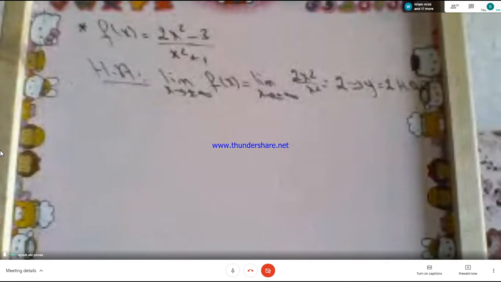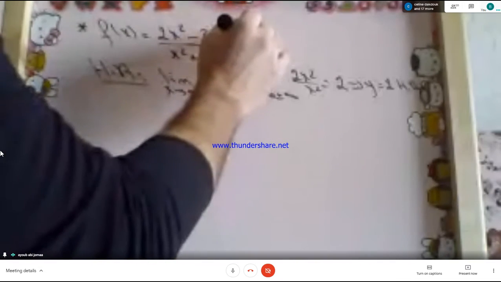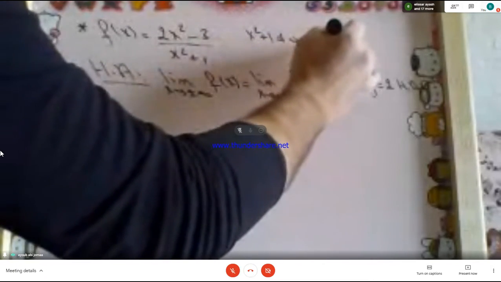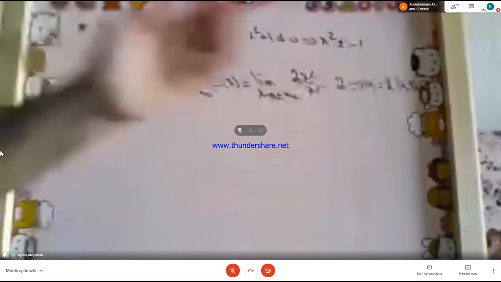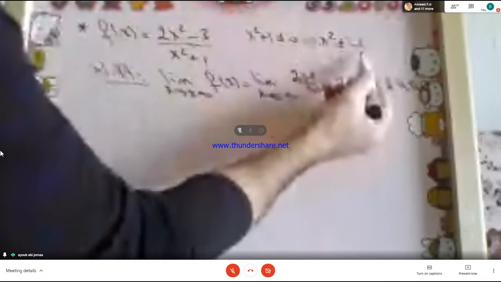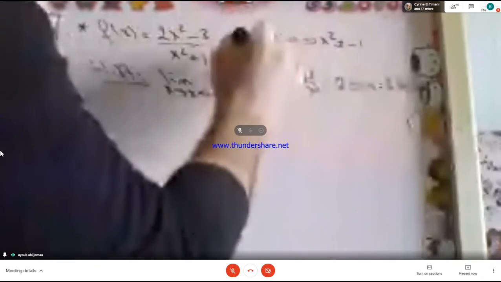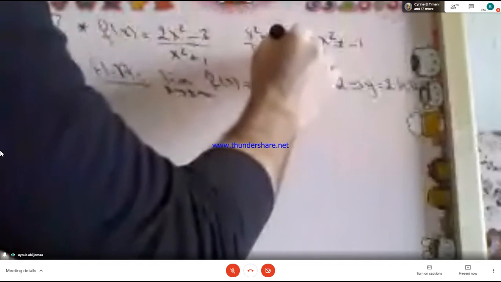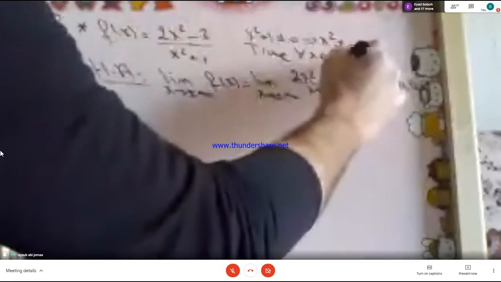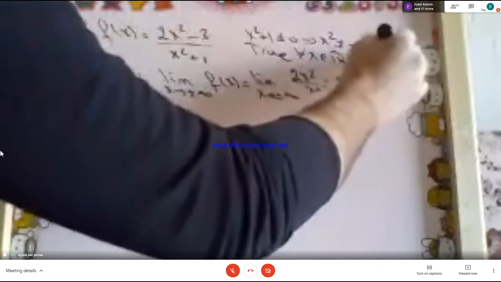If you are going to find the vertical asymptotes, there is no vertical asymptote. Because here the domain, if you put x squared plus 1 not equal to 0, you get x squared not equal to negative 1. But x squared not equal to negative 1 is true for any value of x, for every x in R. So in fact here the domain is the set of real numbers.